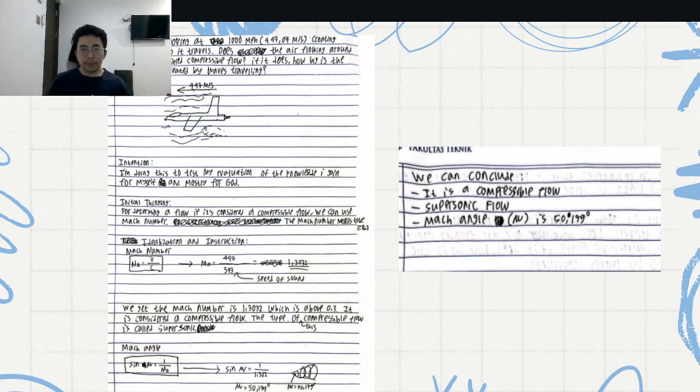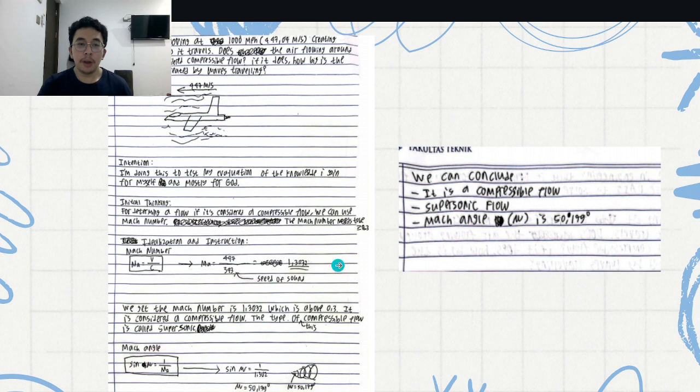We can define the Mach number using Ma equals v per c, where the speed of sound is 343 meters per second. So we just put the numbers here: 447 per 343 equals 1.3032.